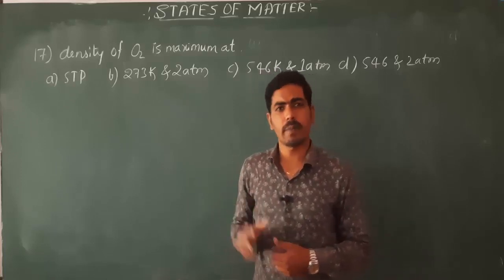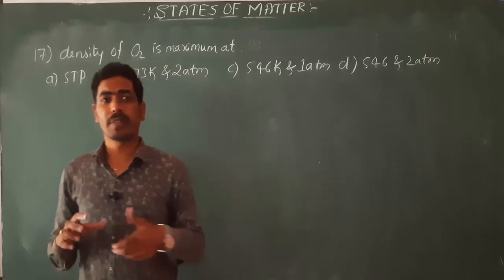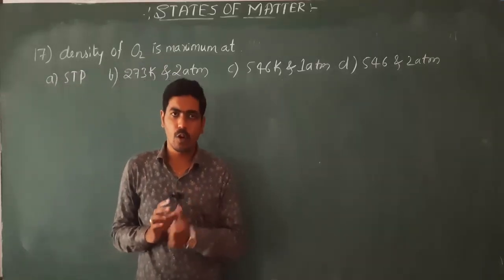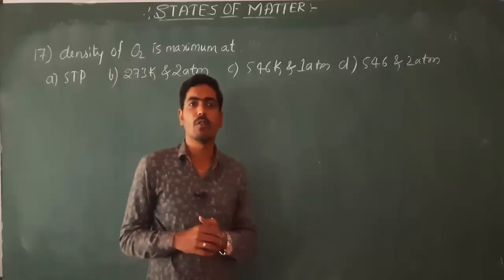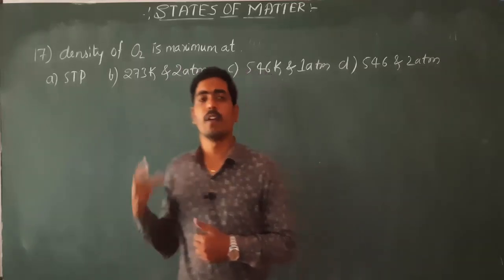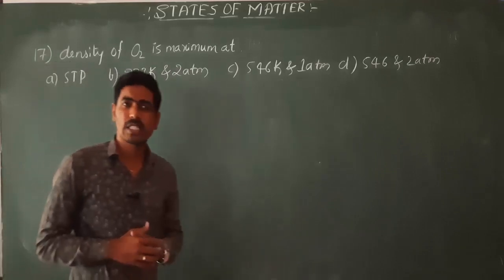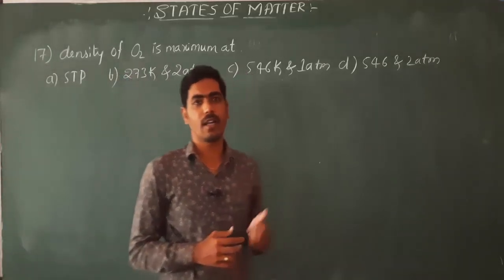As temperature decreases, molecules come near to each other, so the volume decreases, and if you increase the pressure, the volume decreases again, and hence due to the decrease in volume, the density of that gas will increase. So in the given options, you have to see which one has lower temperature and higher pressure.